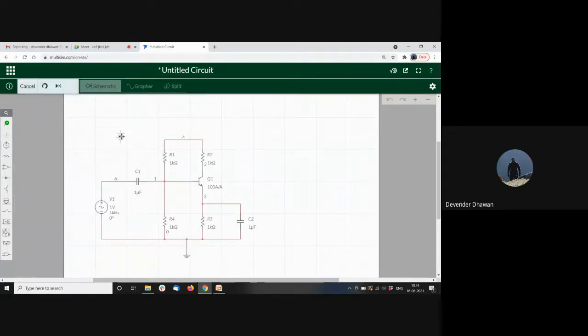And then for biasing voltage, I will use this supply here, and obviously a ground at the other end.